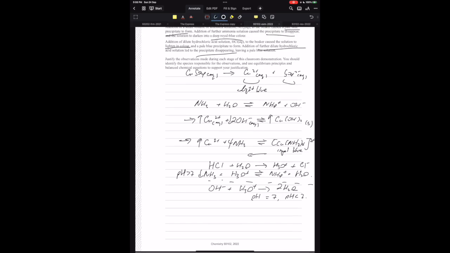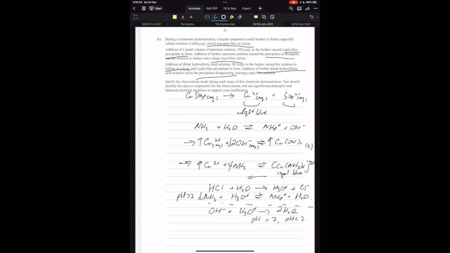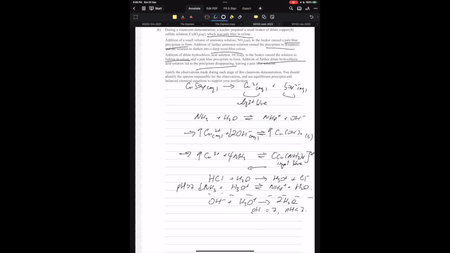And so this question is basically just considering a whole lot of equilibria, which hopefully you know by prior knowledge, and seeing what happens if you add something and how that affects concentrations of certain species, and how those changes to the concentrations of certain species affect equilibrium, which would cause concentrations of other species to change.